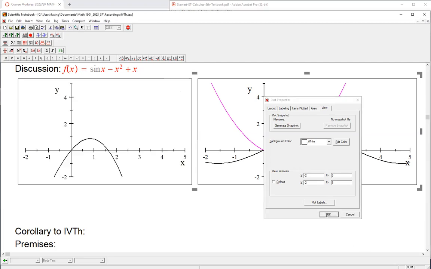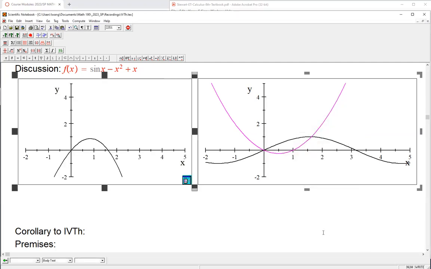Let's see if that works. There we go. Between 1 and 2. So this is the number we're looking for. And this number is still between 1 and 2, at the same place.